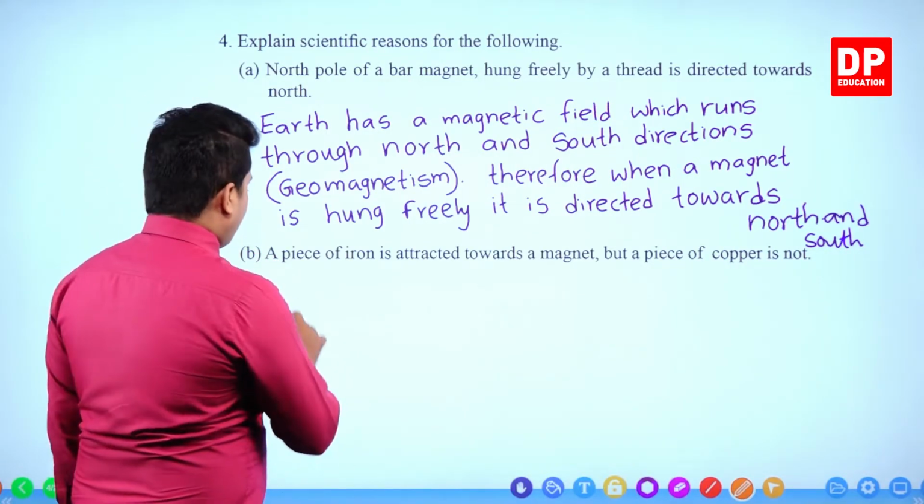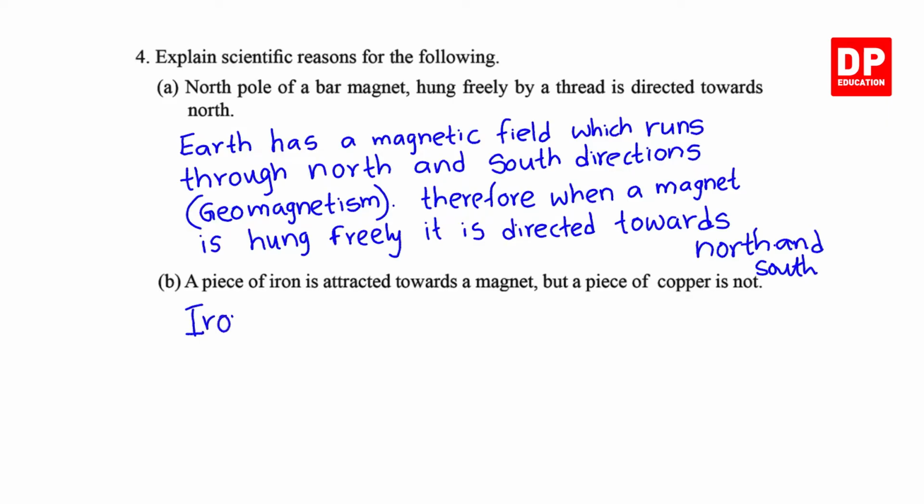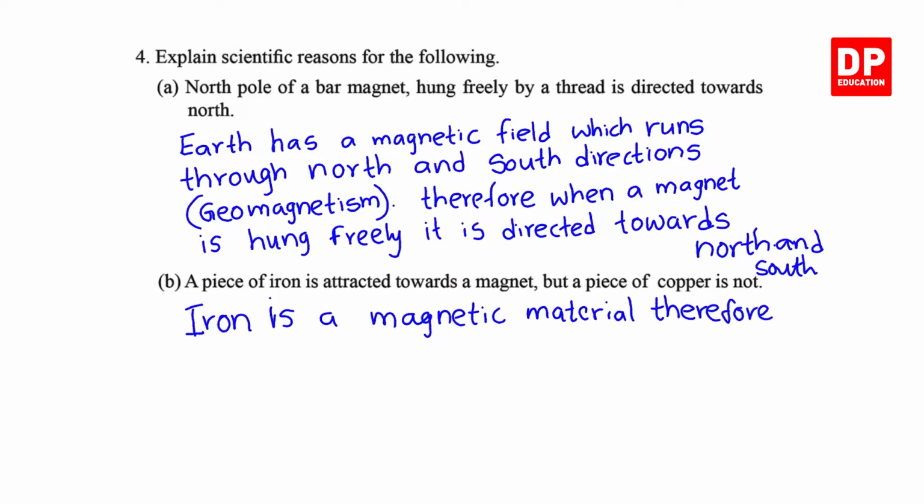So we can write: iron is a magnetic material. Therefore, it is attracted to a magnet.